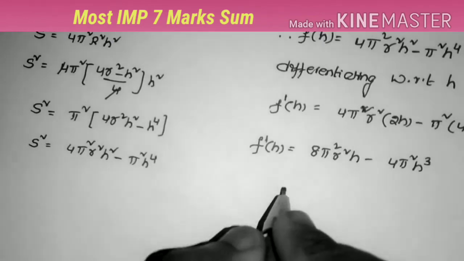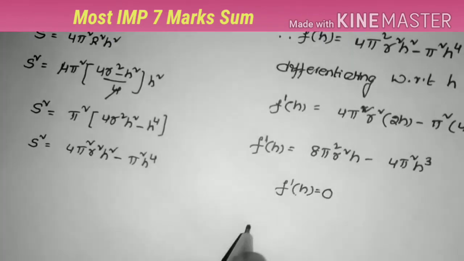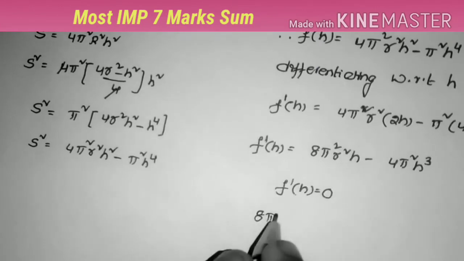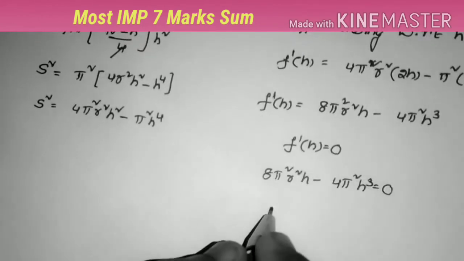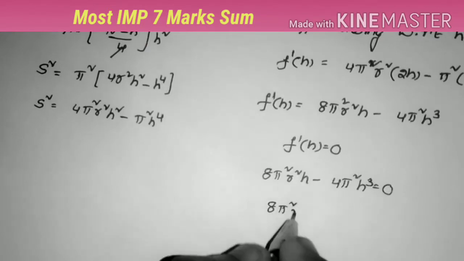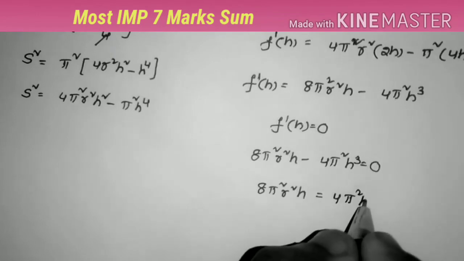And what is next? Equating this value to 0. So f dash of h is equal to 0. That is 8 pi square r square h minus 4 pi square h cube is equal to 0. Which means 8 pi square r square h is equal to 4 pi square h cube.